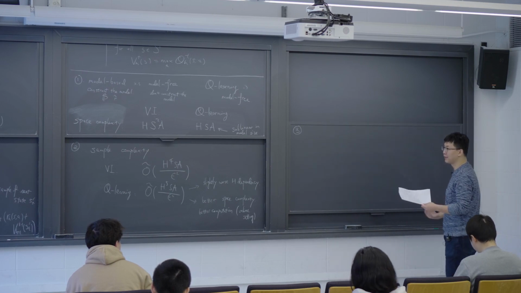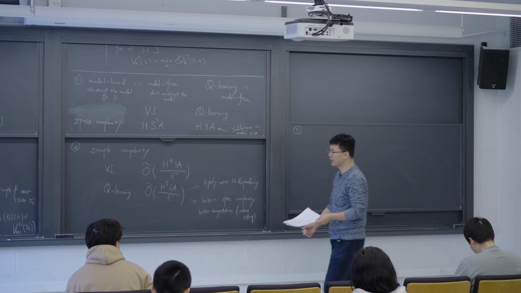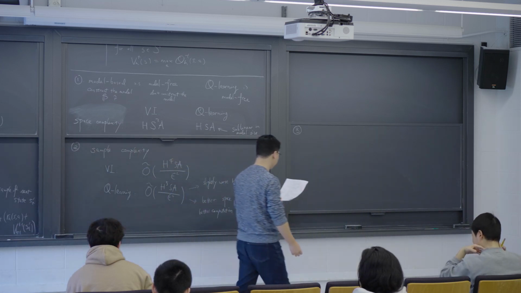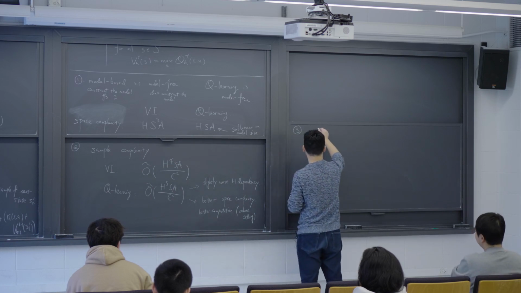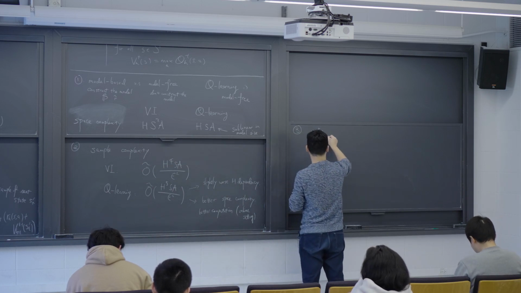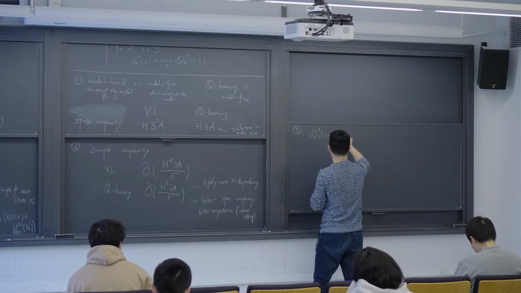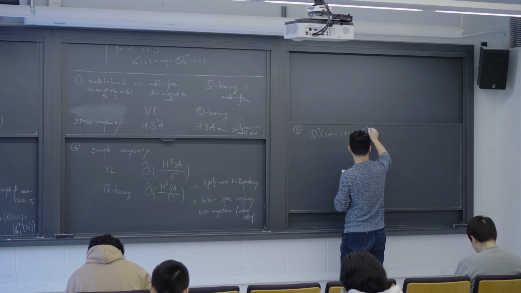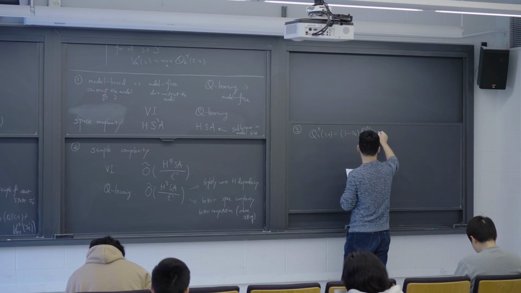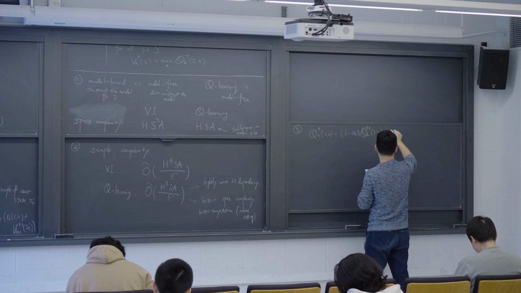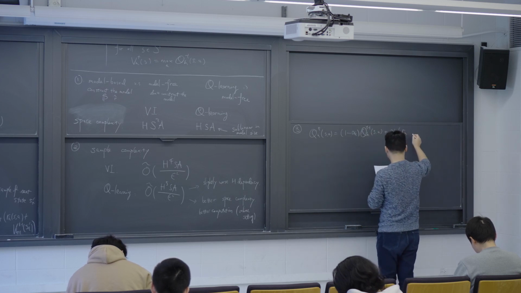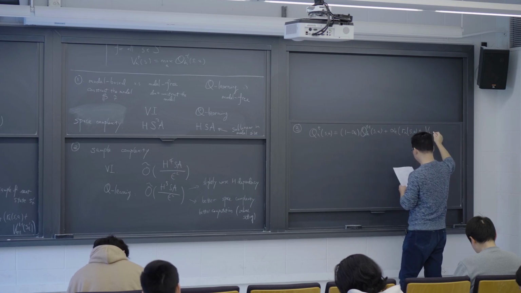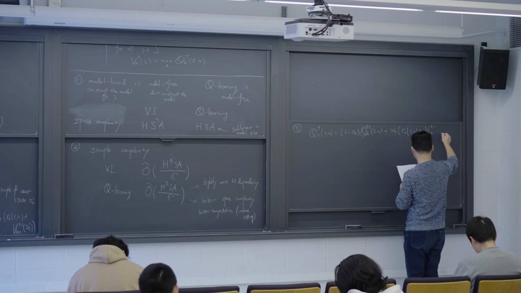In order to do the analysis for Q-learning, I think the most important thing is to look at the key update. So let's just copy it: Q_h^t(s,a) equals (1 minus alpha_t) Q_h^{t-1}(s,a) plus alpha_t times (r_h(s,a) plus V_{h+1}^{t-1}(s_t prime)).